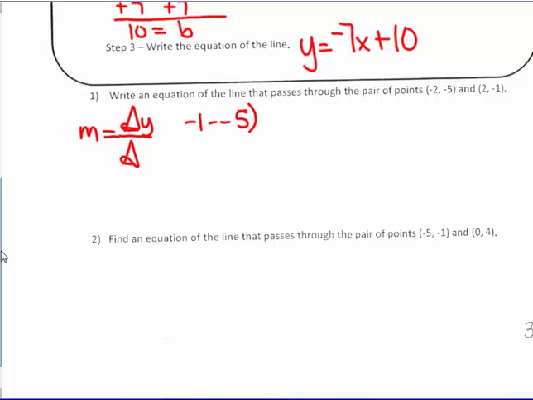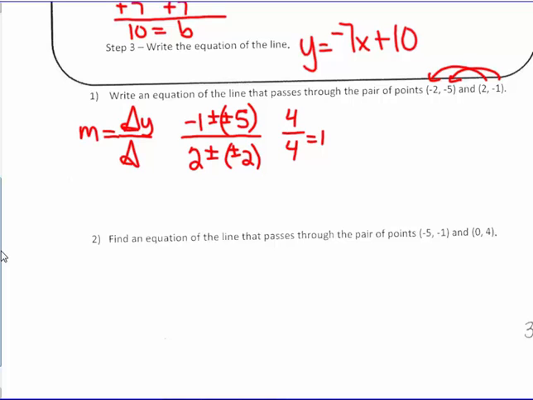Be very careful that you're putting in that second negative, over 2 minus -2. So that's really -1 plus 5 and 2 plus 2. So -1 plus 5 is 4, and 2 plus 2 is 4, so my slope is 1.